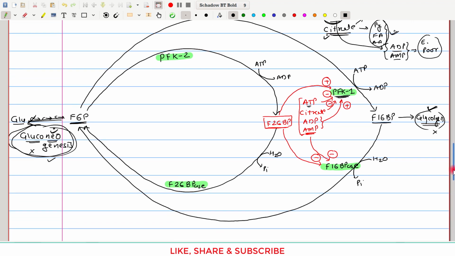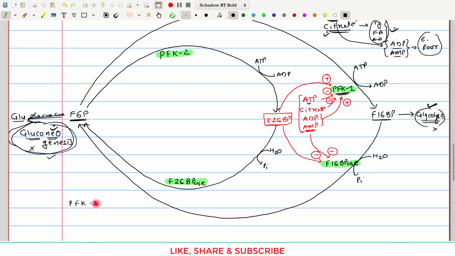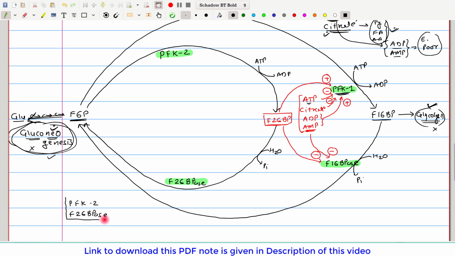See, phosphofructokinase 2 and fructose 2,6-bisphosphatase, both are of course different activities, but both are part of one single protein. So both activities lie on one single protein. So this is a single protein having two functions, right?